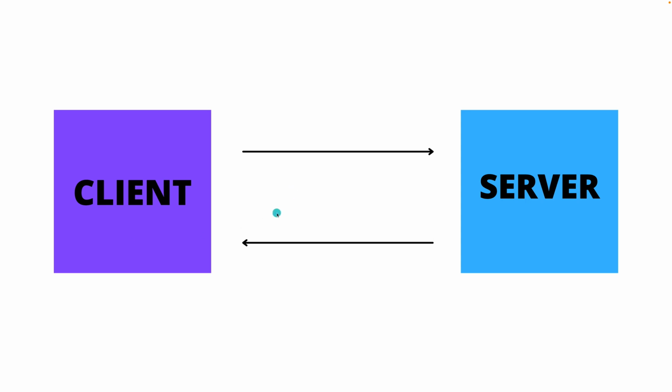So for example, let's say I went ahead and went to a website where I'm storing all of my to-dos. So let's say I want to view all of my to-dos, so I go to the website. So what ends up happening is the client is going to make some sort of GET request with a path of the server URL /todos to this server.